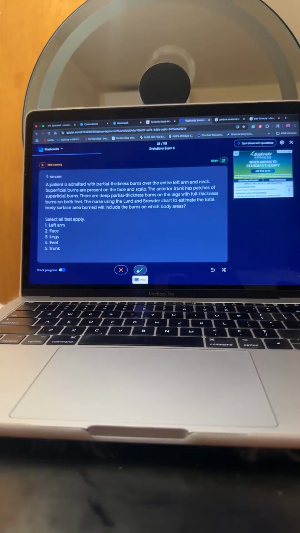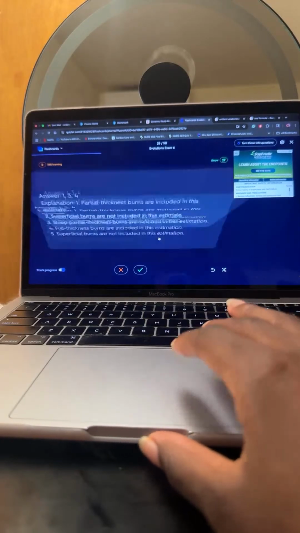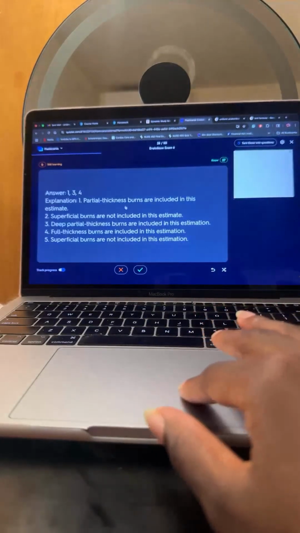So the legs and feet for sure, so 3 and 4. What about the left arm? Left arm was also partial thickness. So 1, 3, and 4 is what we would count. We're not doing 2 and 5. So 1, 3, and 4. Yes.